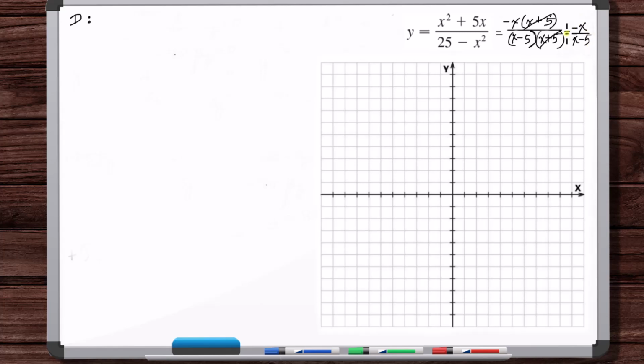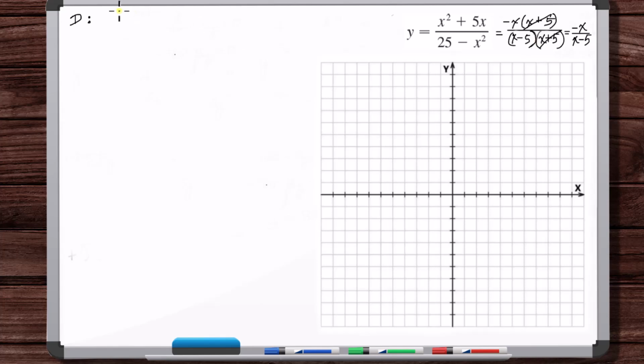The idea is we're going to draw this curve, y is equal to minus x over x minus 5. And when you draw that curve, this curve is going to exist for all real numbers except x is equal to 5. But then we're going to go on that curve to x is equal to -5 and put a hole at x is equal to -5. That's the idea. This curve is this exact curve except with a hole at x is equal to -5.